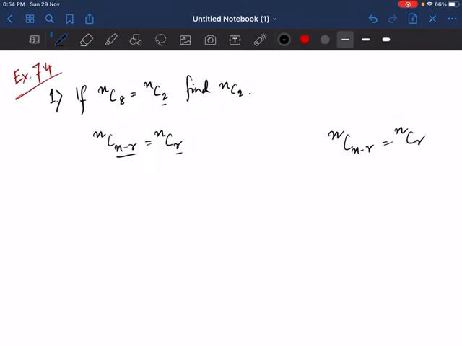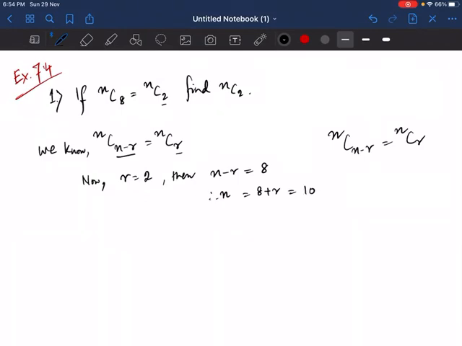So comparing, write it down. We know nC(n minus r) is equal to nCr. Now r is equal to 2. If r is equal to 2, then n minus r is equal to 8, right? Therefore n is equal to 8 plus r, that is nothing but 10. So I got my n as 10.